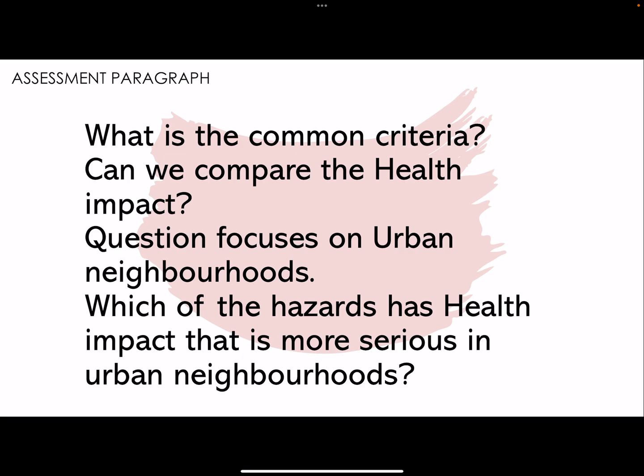Okay, so what we're looking at in your assessment paragraph, the third paragraph, before you conclude, is of course which of these hazards has a health impact that is more serious in the urban neighborhood. And with that, you will then be able to convince the marker that your selection of the factor is valid.